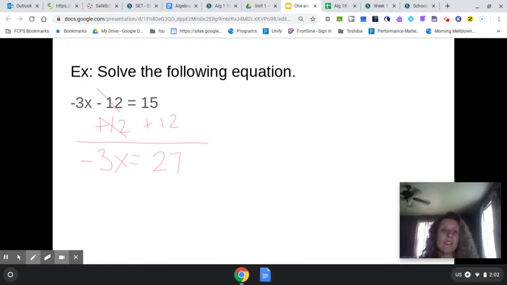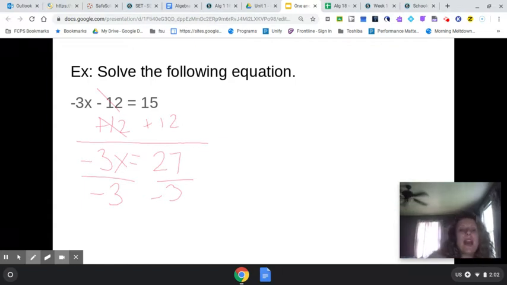On the left side, the operation that I see is multiplication. So the inverse operation would be division, or you could think multiply by the reciprocal. I'm going to divide both sides by -3. If I were to multiply by the reciprocal of -3, which is -1/3, we're going to get the same result. So there's no difference in those two steps.